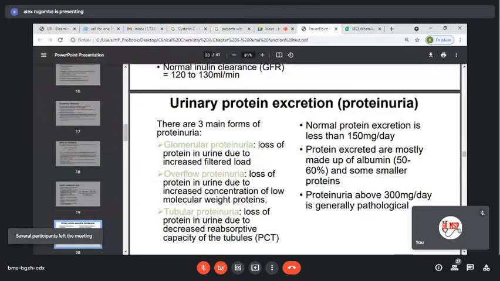Glomerular proteinuria is for filtration. So if you hear the word glomerular, you just have to think about filtration. The loss of protein in urine due to increased filtration load indicates glomerular proteinuria.